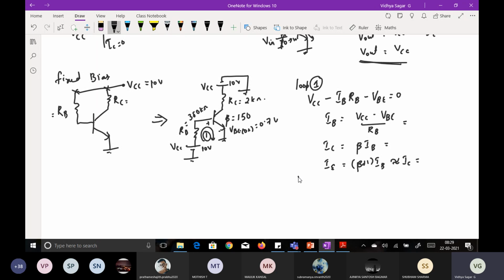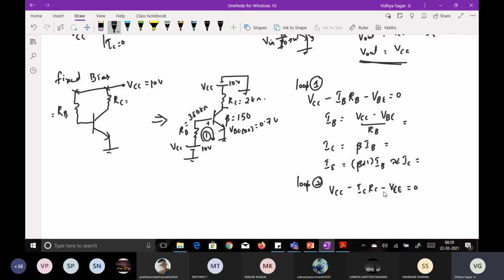So loop 2 will be this outer loop. Why? Because I need to find the VCE voltage. It will be VCC minus IC RC minus VCE equal to 0.